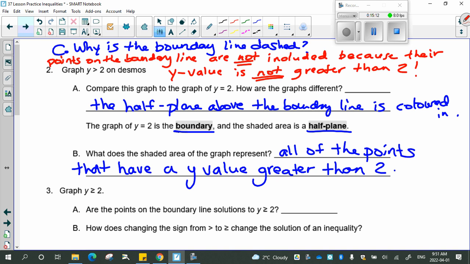Okay, so why is the boundary line dashed for y is greater than 2? It's because the points on the boundary line are not included because their y values are not greater than 2. Okay? So dashed line, boundary points are not included. Solid line, boundary points would be included. Okay?